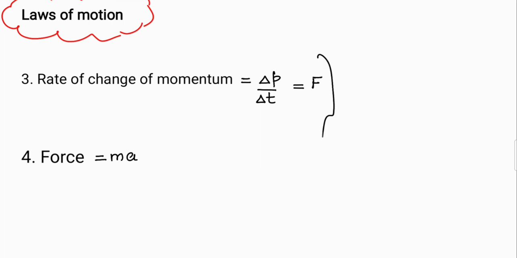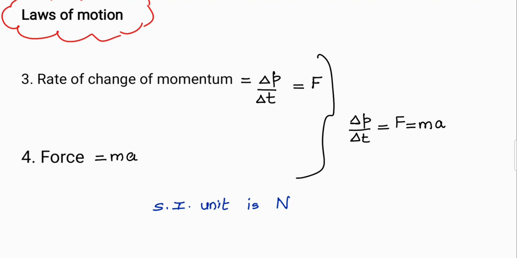So combining these two formulas, we can write delta p upon delta t is equal to F, which is equal to ma. So whatever the question demands, use that formula. The SI unit of rate of change of momentum or force is Newton and the CGS unit is dyne.